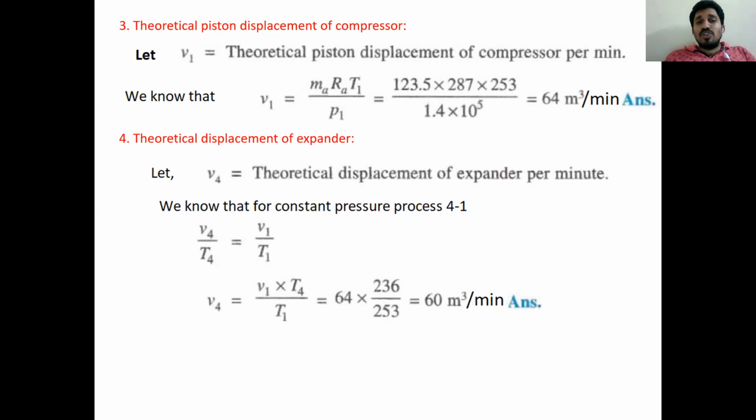We know every value except V4. V1 just now we calculated. T4 we determined from the isentropic process. T1 is given in the problem. So we substituted again. V4 finally we determined as 60 meter cube per minute. After expansion, the volume we obtained is 60 meter cube per minute. Like this, we determined the theoretical displacement of the expander.